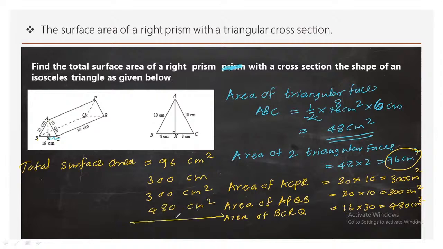All together, 6, 9 and 8 is 17, 1 remaining, 7 and 4, 11. 1176 square centimeter is the total surface area of this figure.